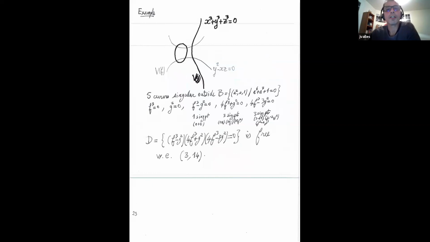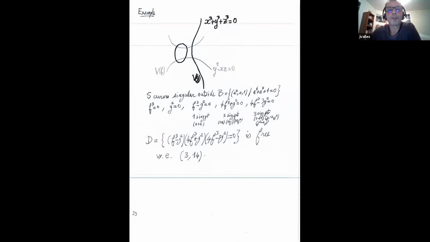So you see this cubic, this black cubic, and this gray conic. And in this pencil, in the pencil of the square of the cubic and the cube of the conic, we find 5 singular curves outside the base locus, and they are given here.